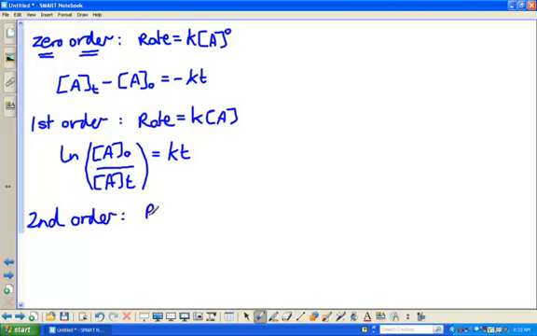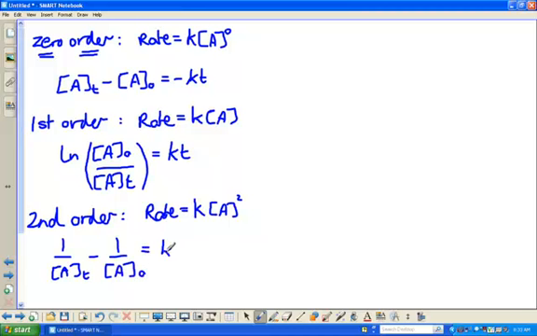And then when we look at the second order integrated rate law, remember that comes from a rate law that looks something like this, where the molecularity here is 2. And once again we have our concentration at time t, we have our initial concentration, and that is all equal to, once again, our k times t.